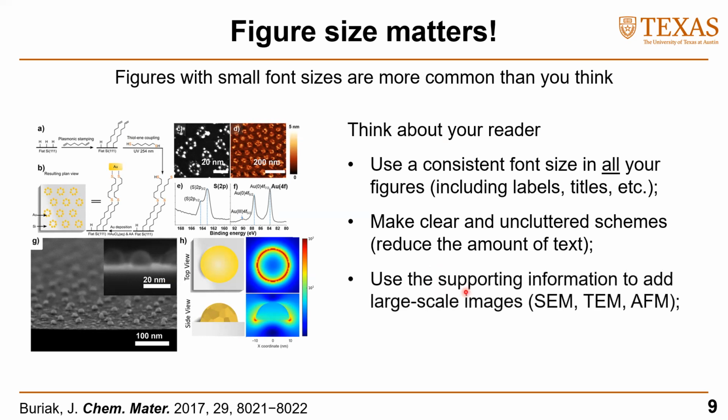Sometimes you can use the supporting information. Most of the time, it's really rare when journals don't accept supporting information files. But if they do, which is likely, you can move some images to the SI. Sometimes there's no point in including images in the main manuscript, because the image is just showing, oh, look at this geometry.